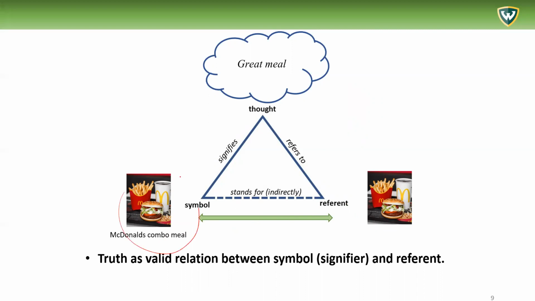So this is the ad, and when you actually get the meal, when you go to McDonald's and get served, it looks exactly like that. So it really is a valid or accurate representation. I'm not really married to some of these terms, so we can use representation instead of relation, even connection, things like that.